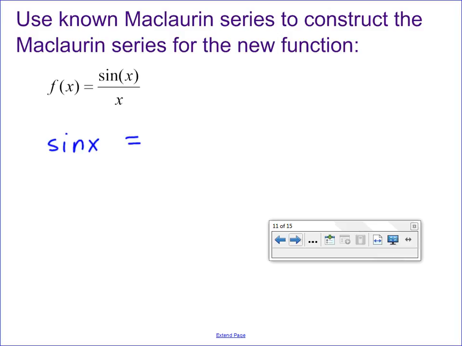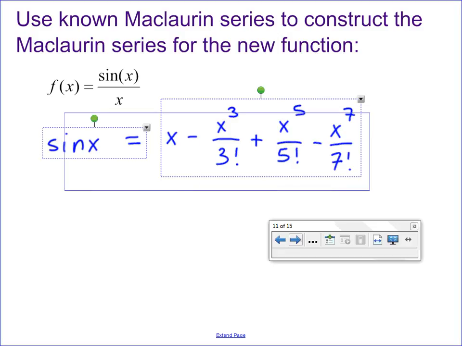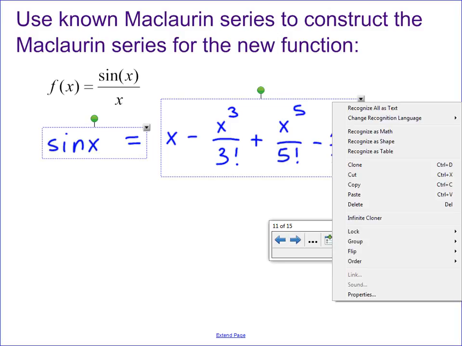Isn't sine of x given by x minus x cubed over 3 factorial plus x to the 5th over 5 factorial minus x to the 7th over 7 factorial? Is that right? So our sine function representation, that's only the first several terms here.